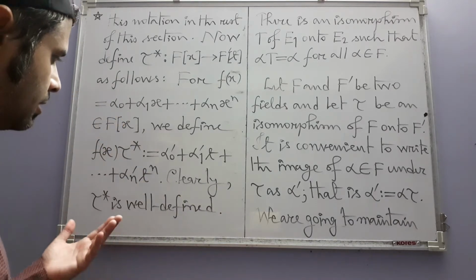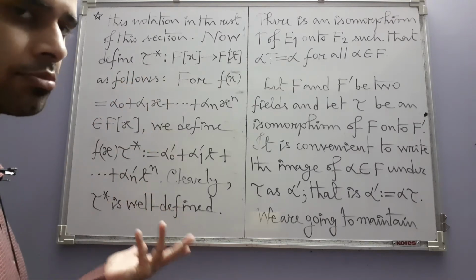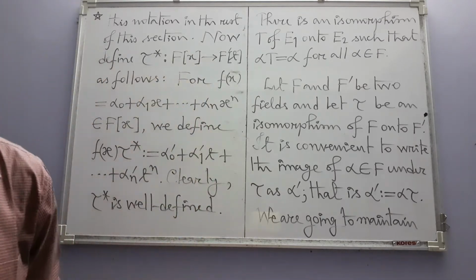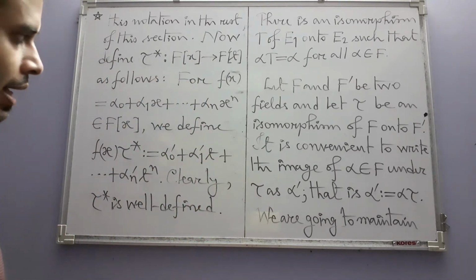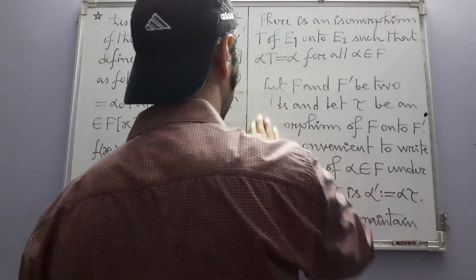Okay, now the next thing to prove is that this tau star is a ring homomorphism. So for that we need to consider two elements. One, of course, we have here f(x), another one we will consider g(x).